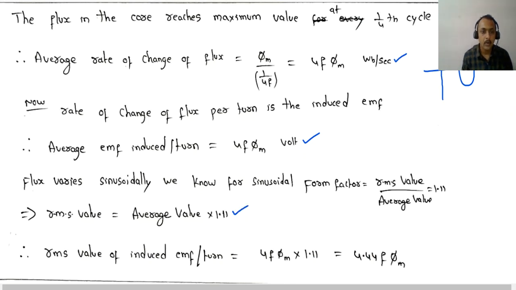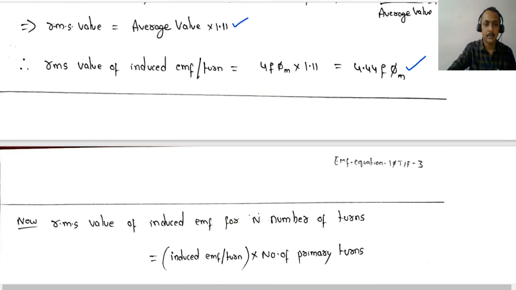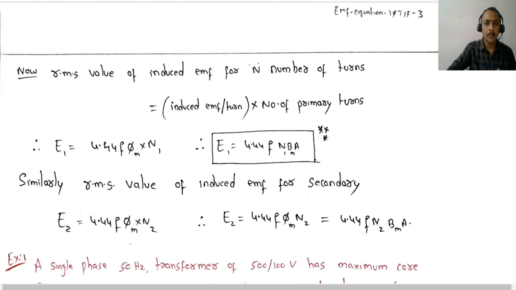Now, if you multiply 4f phi m with 1.11, we get 4.44 f phi m as the induced EMF per turn.